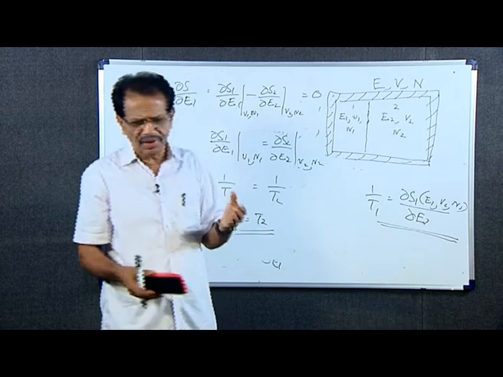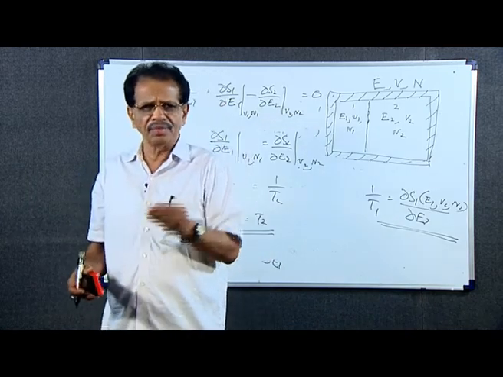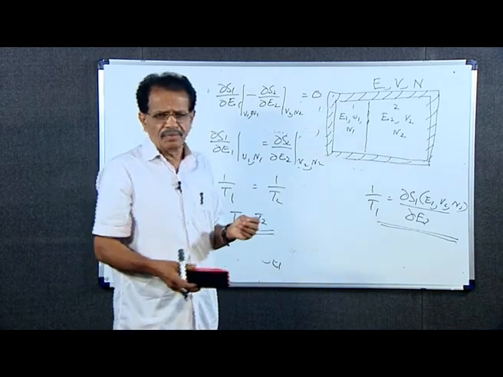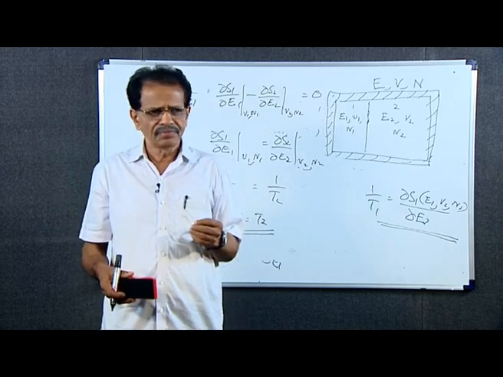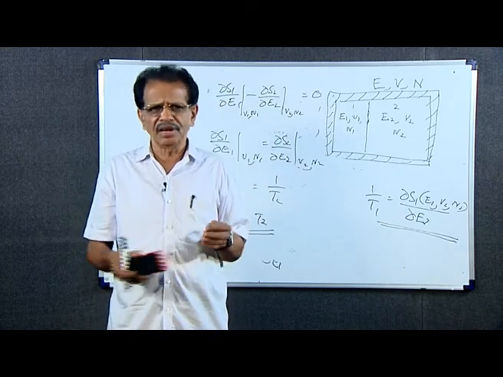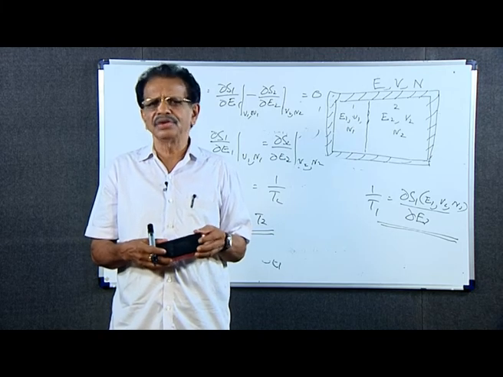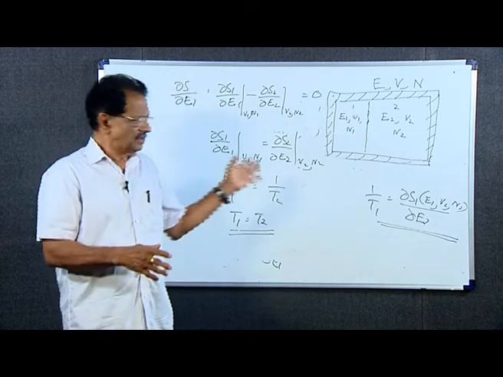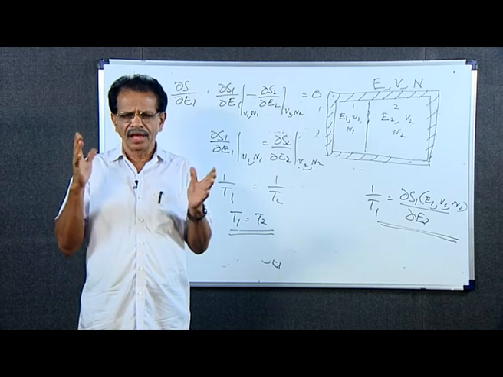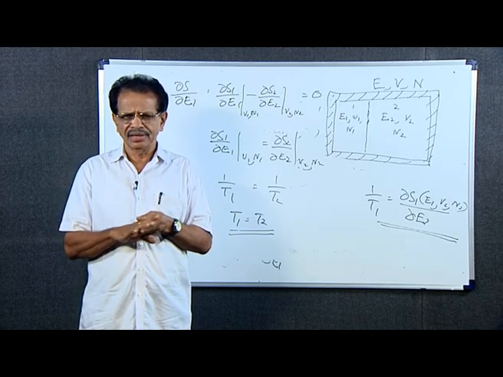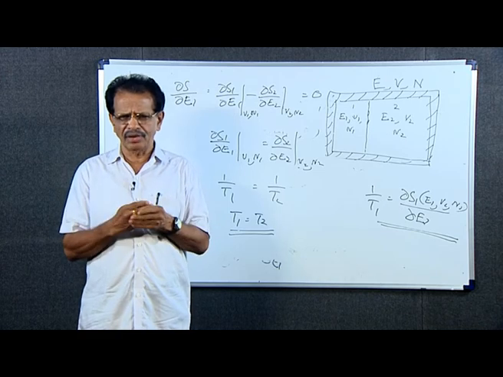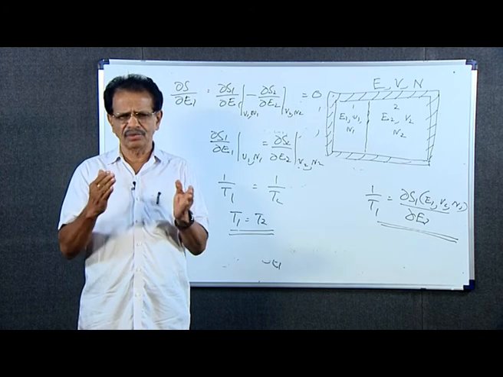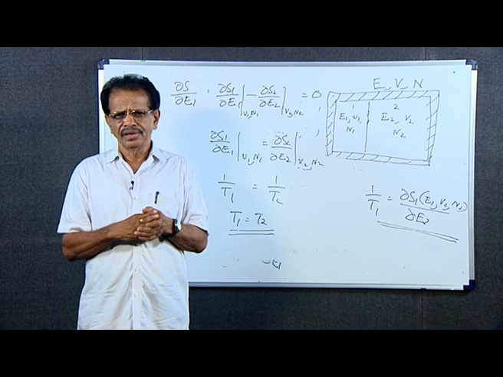So, Boltzmann's definition of entropy is S equals k log Ω. Using S, we can calculate very many thermodynamic properties by demanding the equilibrium criteria, and using those thermodynamic parameters we can calculate the equation of state for the system. So what we have seen in this session is that, using the expression for the statistical weight, which is the number of microstates characterizing the macrostate, we have a definition for entropy as S equals k log Ω.